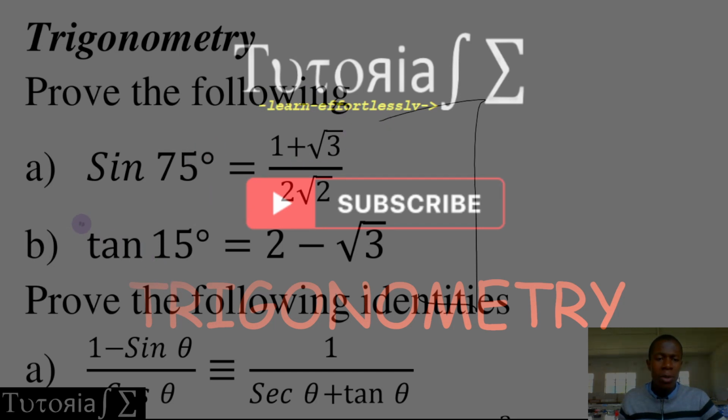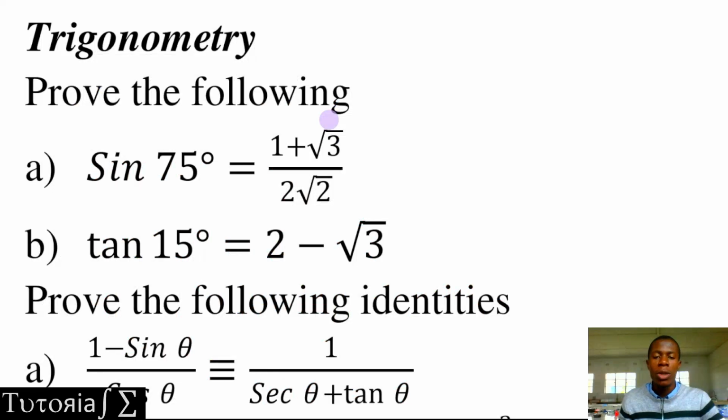You may be asked to find the value of sine 75, or to prove that sine 75 equals this, or tan 15 equals that. These are procedural problems, meaning there is no need for a calculator, and we are going to learn how to do that in this lesson. So let's dive in. To solve such problems, you have to know a bit of half angles.